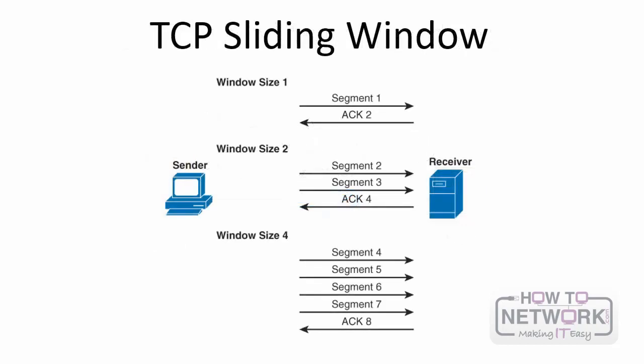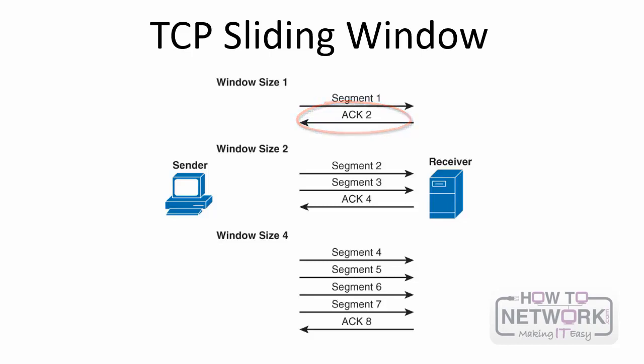Earlier you learned about the window field, so let's circle back and talk about that a little bit. TCP communication uses windowing. One or more segments can be sent at one time. The receiver acknowledges the receipt of all segments in a window with an acknowledgement. Now, TCP can use a sliding window.